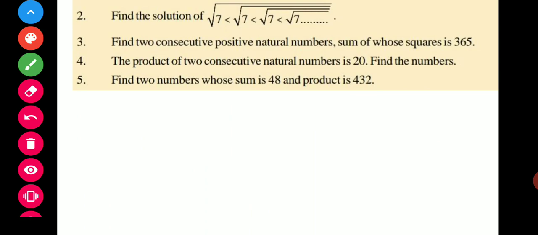Now come to the second question. That is your second question. Find the solution of under root 7 plus under root 7 plus under root 7 plus under root 7 up to infinity. How can we solve this problem?